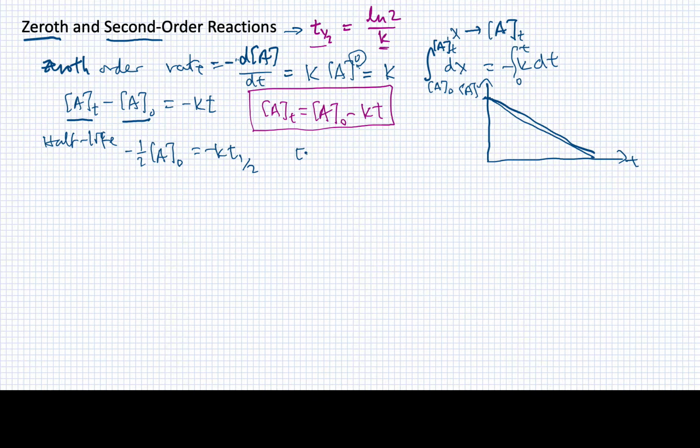So I can simply relate that t 1/2 is equal to 1 over 2 times the rate constant times the initial concentration. Now you'll notice that one thing that is different about this one is that it depends upon the concentration initially.